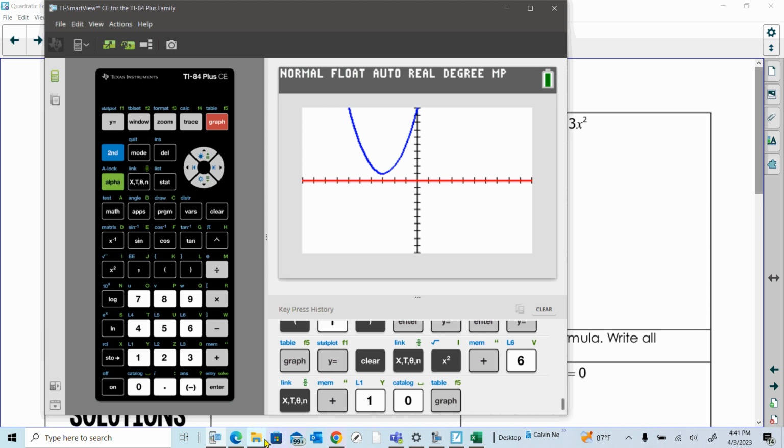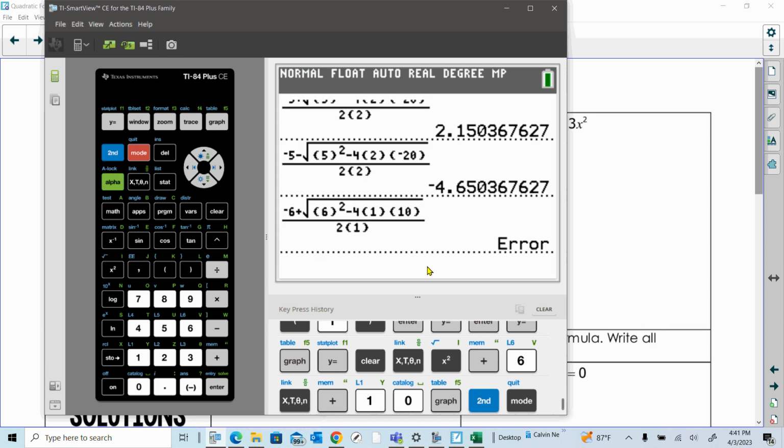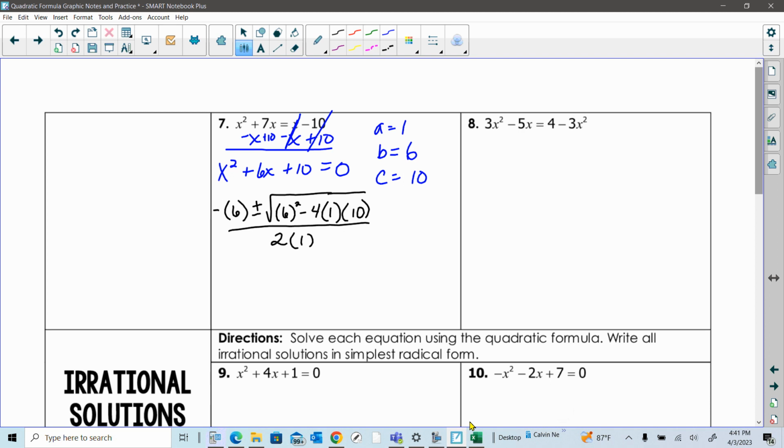So when you see the answer that we got on our calculator, it says error or non-real solution. That means that this has no solution. Now we could use our symbol, which is the 0 with the line through it, to indicate no solution as well.